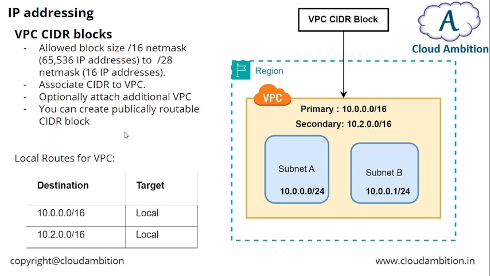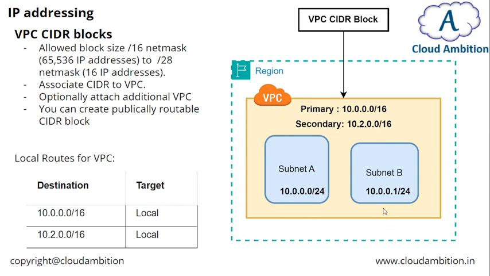And also we can publicly route those CIDR blocks. Here we have used local routes, if we use primary and secondary, so we have to attach our local route table. Here the local route table is shown, and this is a diagram.